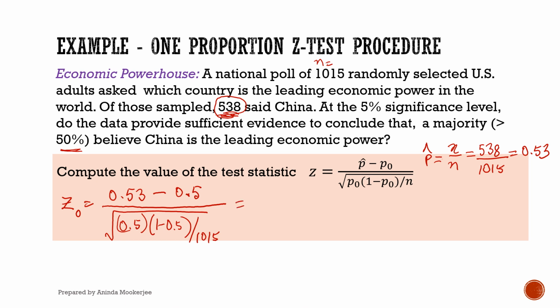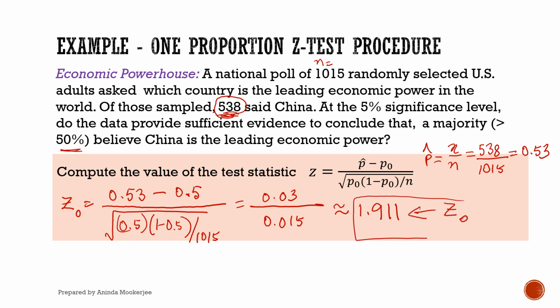So 0.53 minus 0.5 is 0.03, divided by, when we do the calculation of the denominator, a value of 0.015, which roughly gives us a value of 1.911. That's our Z sub 0 value, the test statistic value.